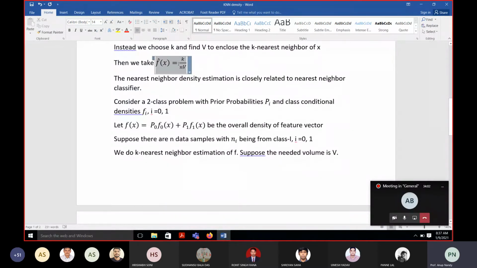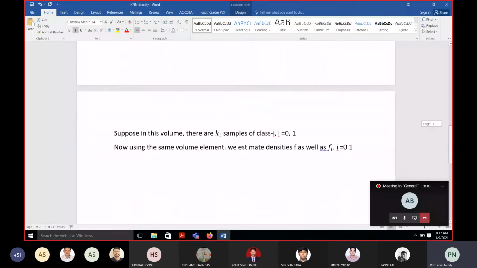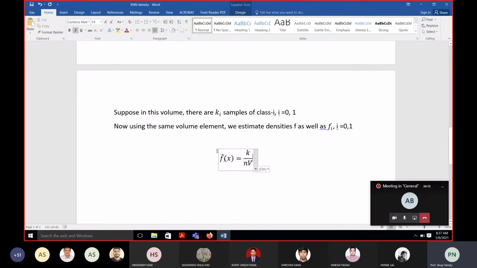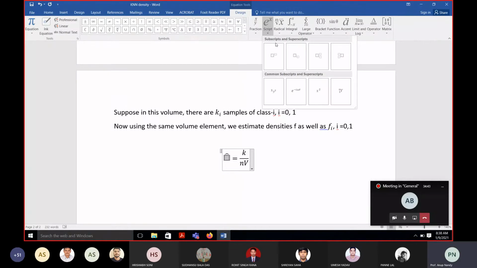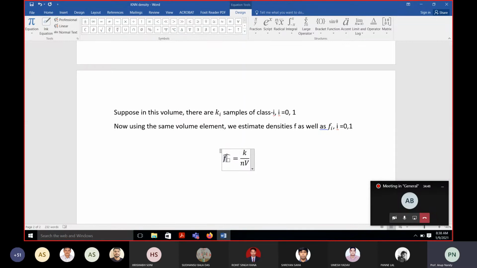Here we will have f hat at I, because for this we need to consider the estimated density.